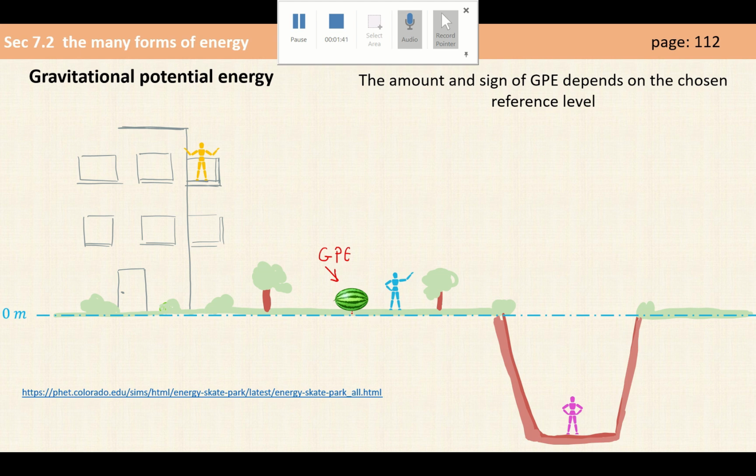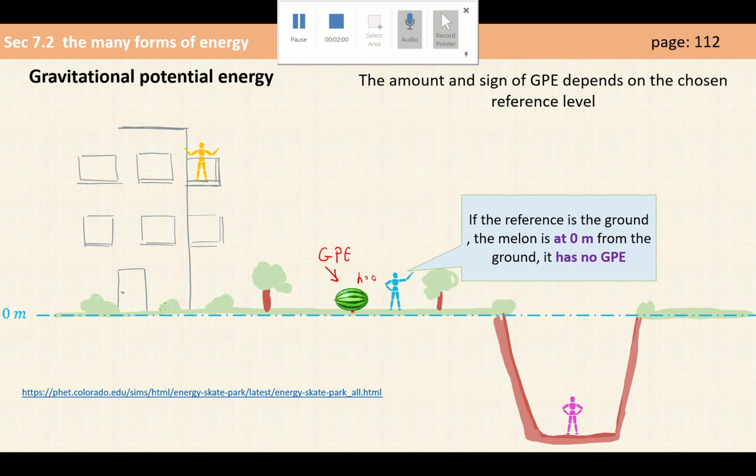So how far away is it from the surface of the ground? Well, because it's placed on the ground and we're measuring the heights from the ground, the height here is 0. It's not lifted, nor is it below the reference level.